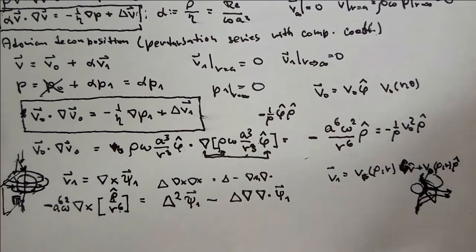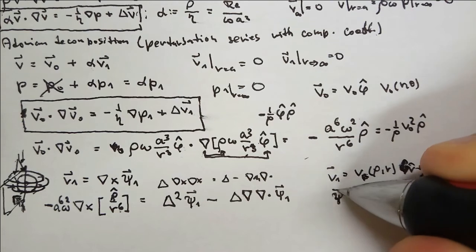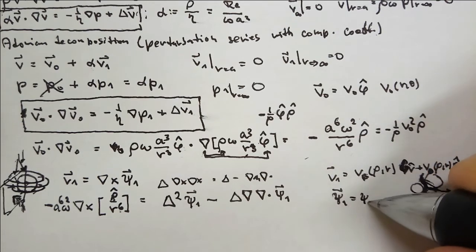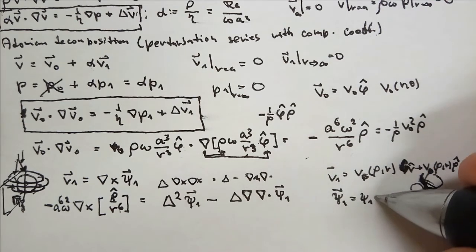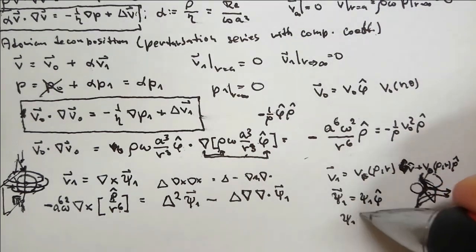So I will assume this, and if this is true, then again you can see the video on the Stokes flow, and this reasoning will lead us to this form for the psi function. Basically it is only a phi component, and it's a function only of rho and r.